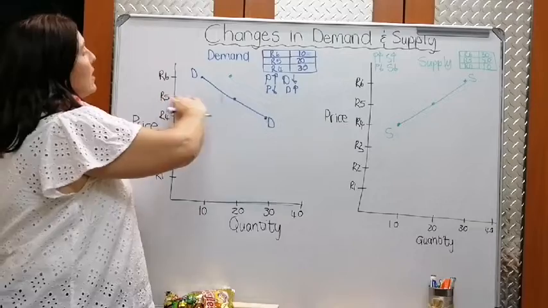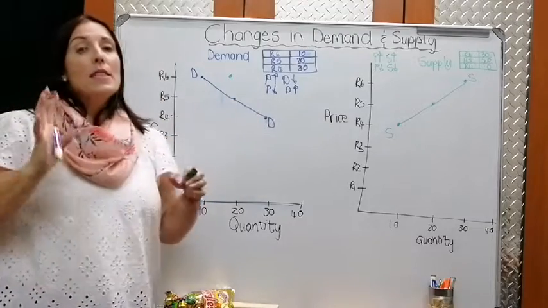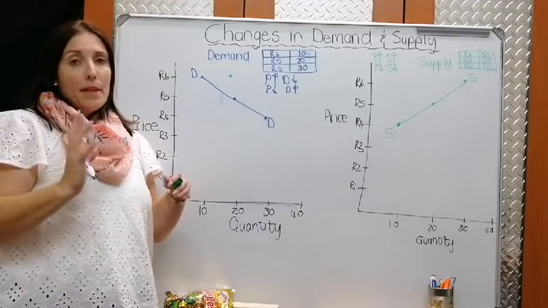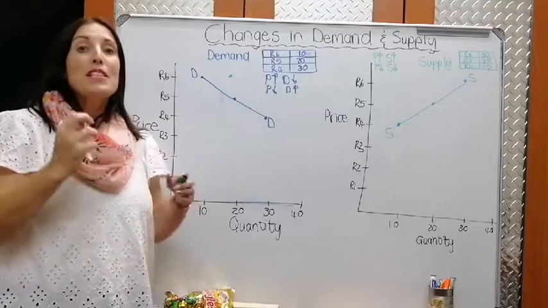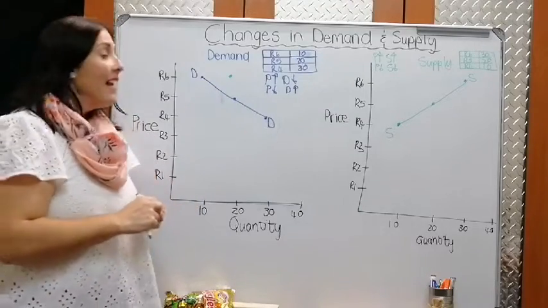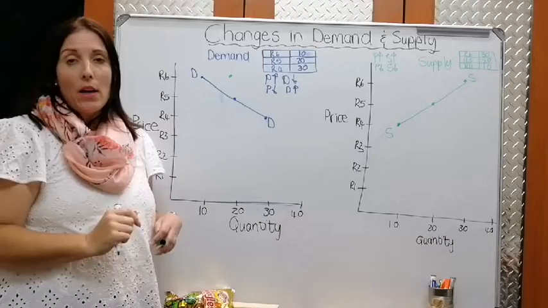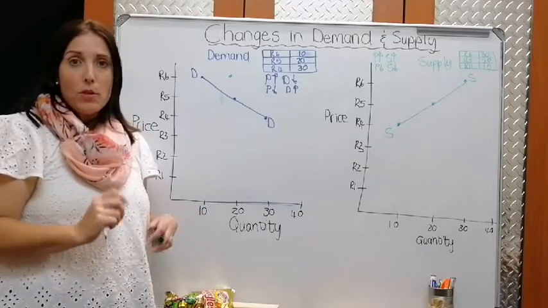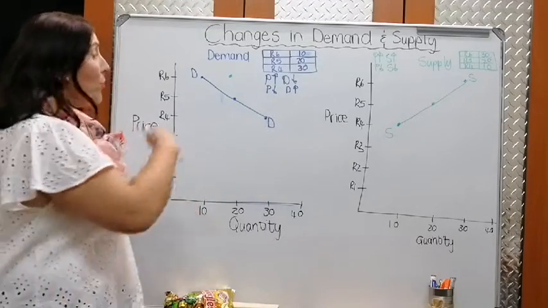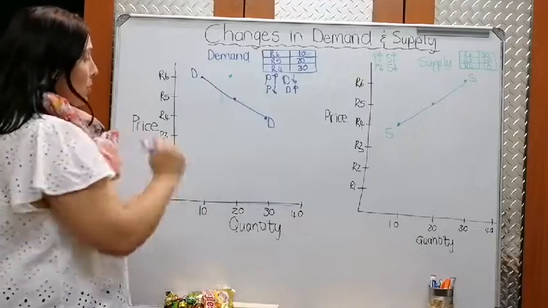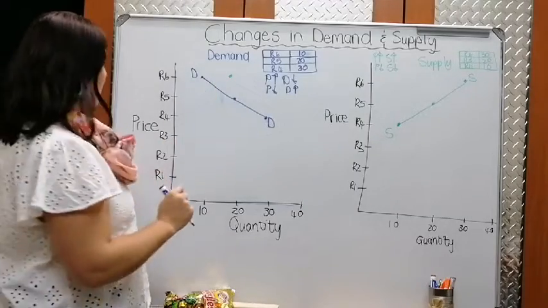If the price is perhaps 5 Rand and we still look at the situation where the students have more money, then not 20 but now 30 students are prepared to buy a packet of chips at 5 Rand.